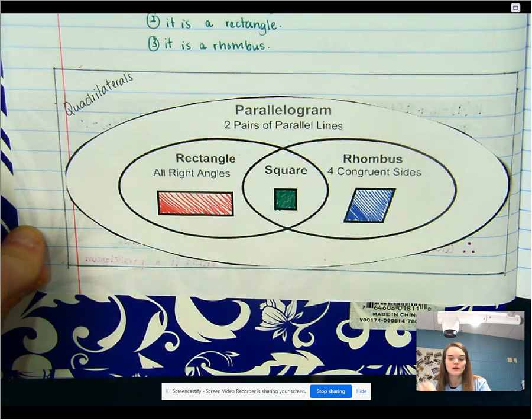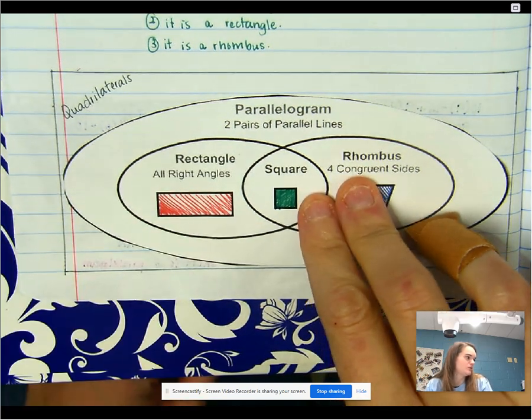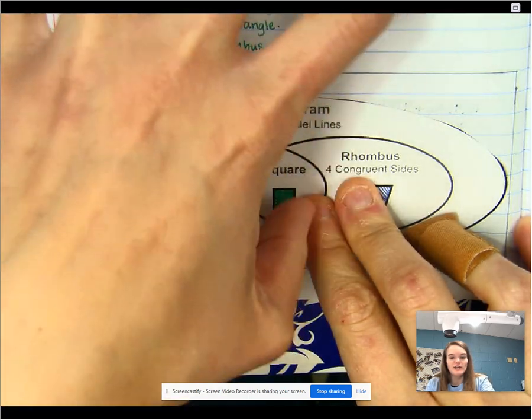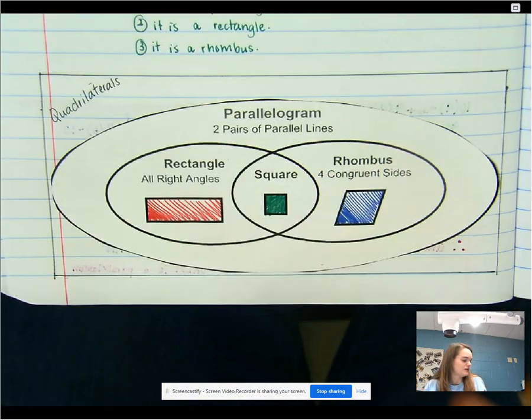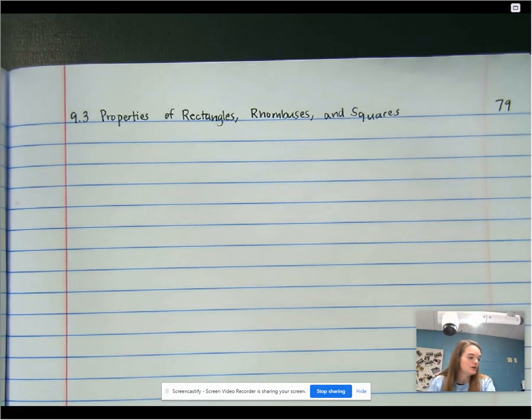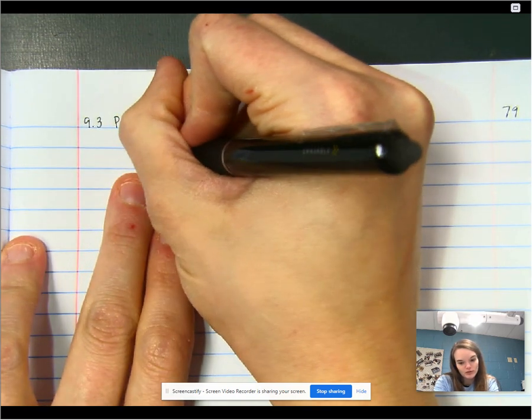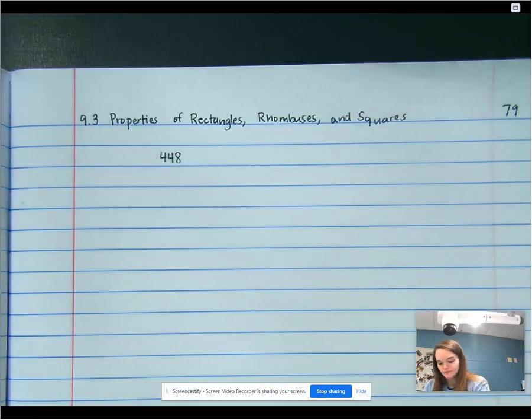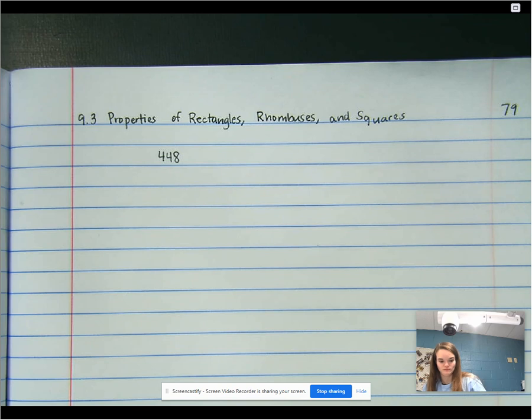Okay. All right, now we're going to actually do some examples. So now that you got that on page 78, if you have not titled 79, do that. And we're going to tear out page 448 from your textbook.